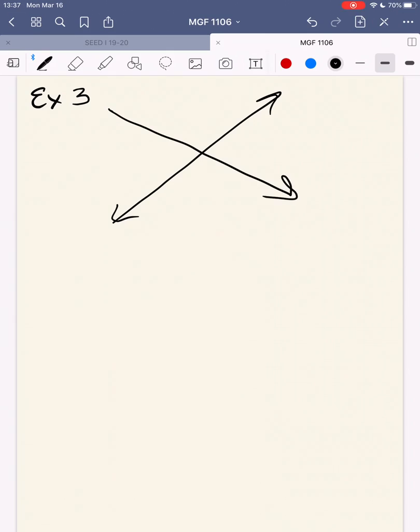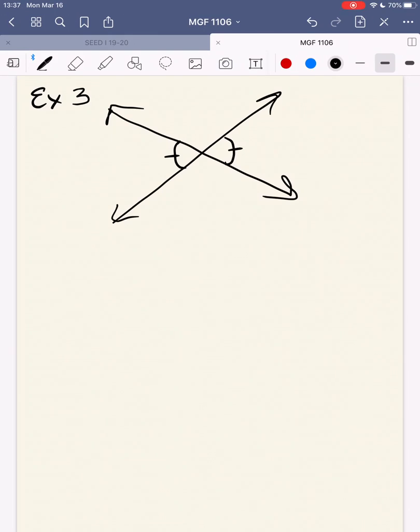Now I'm going to look at the next page, example 3. I have two lines that cross, creating 4 angles, and it gives me these symbols here.